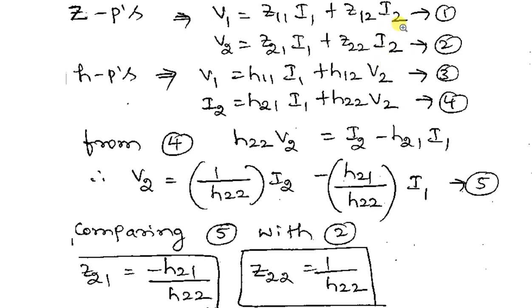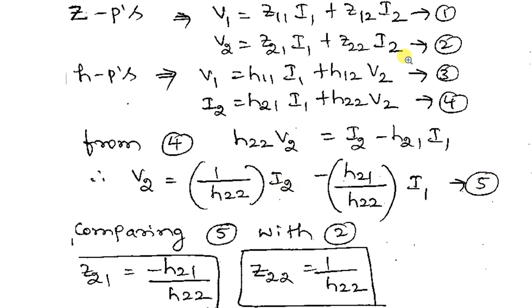Now, in equations 1 and 3, V2 is not there in one, here I2 is there and here V2 is there. But from equation number 5 we got V2 in terms of I2 and I1.